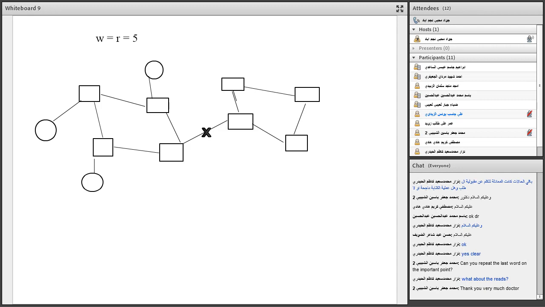Or I can say, for example, the square nodes have partition 1 of the data.